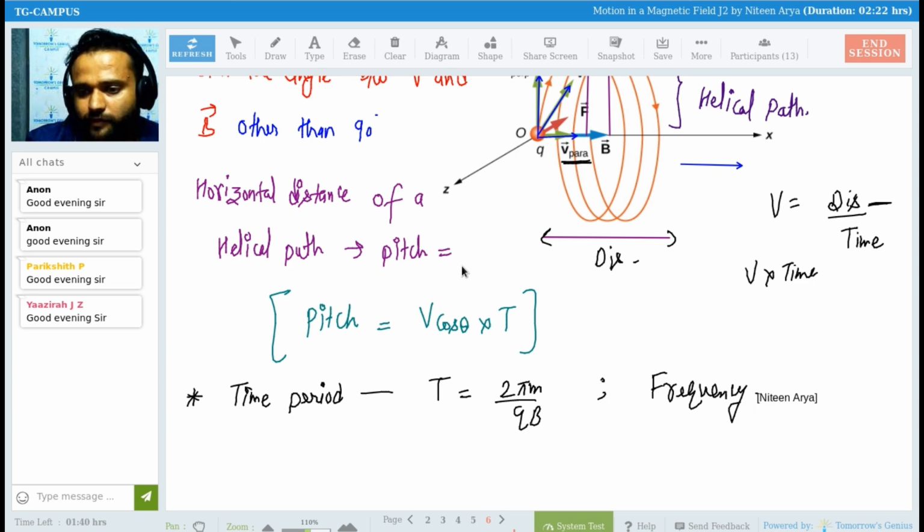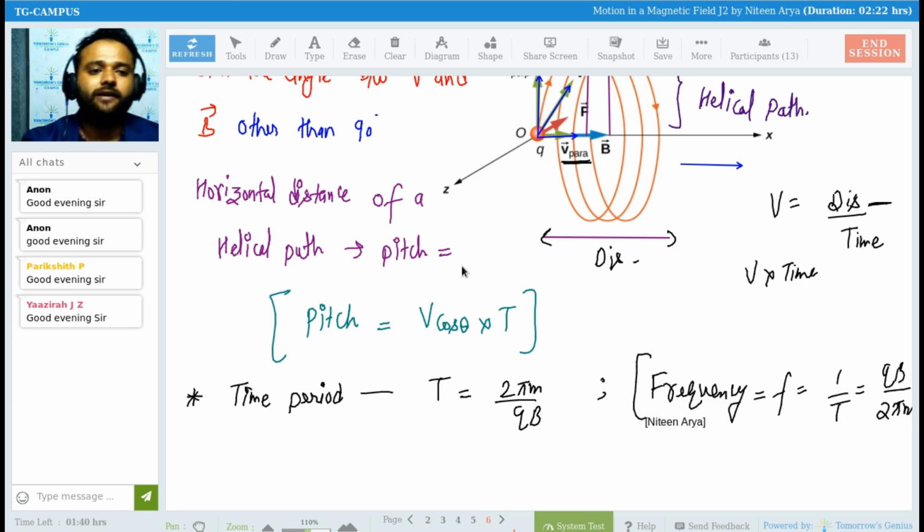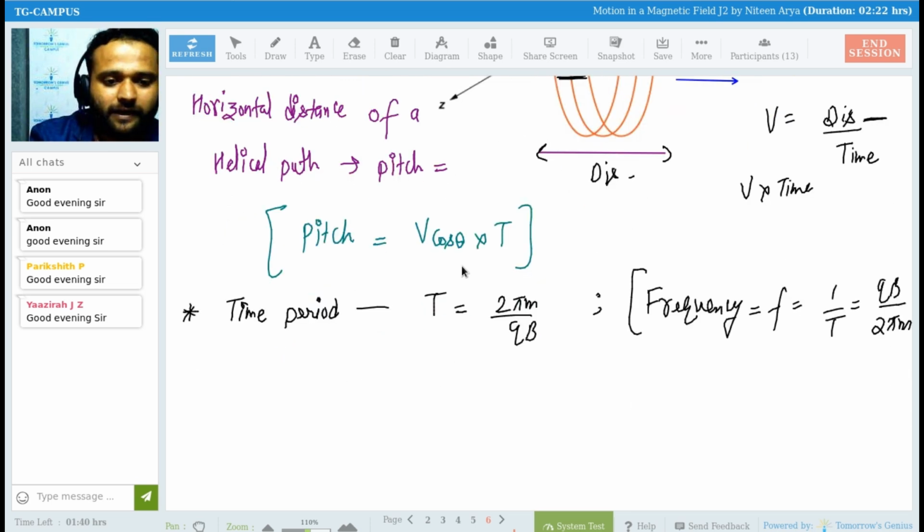I don't know why we don't add this, but still it's okay. So you can see that in the frequency or in the time period we don't have any velocity component, so that is going to remain the same. But what is the catch here in the helical path? Because the radius of a helical path is something else, not the same.